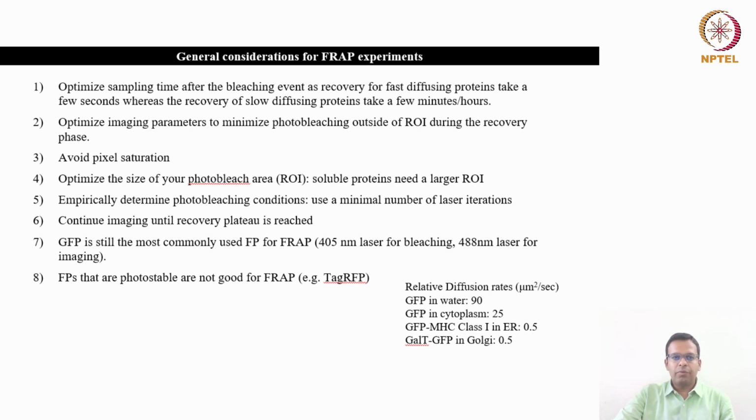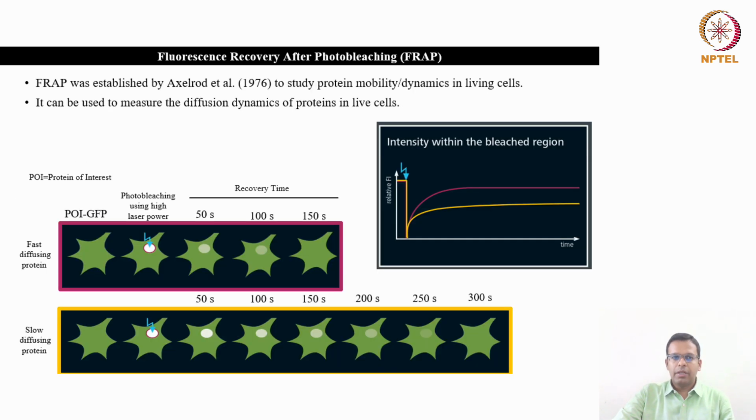So while setting up this experiment, you have to set the microscope parameters, the exposure time, the power of the illuminating light source. Okay, you just set it to the lowest power and lowest exposure time, so that it should not create unnecessary photo bleaching. So let's say here the photo bleaching took place with 100% laser power, because for photo bleaching we use a high laser power.